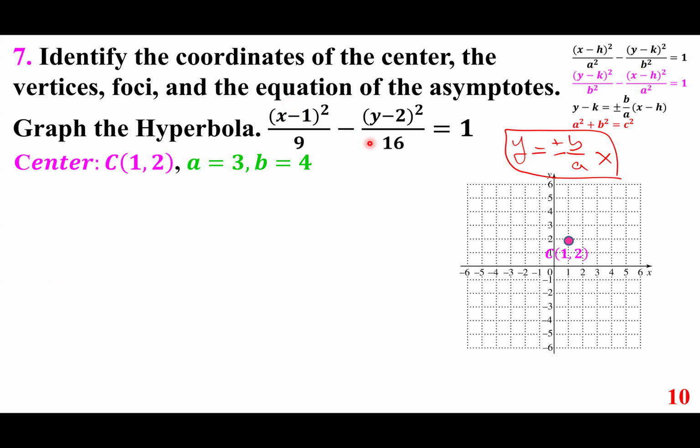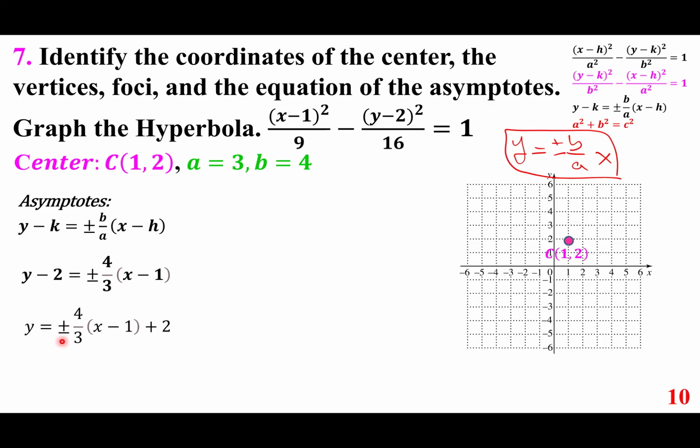So the y changes to y minus 2, and the x changes to x minus 1. That's how we get those formulas. So if we take the negative 2 to the other side, it becomes positive 2. And if there are two of them, I'm going to go with positive 4/3 first.